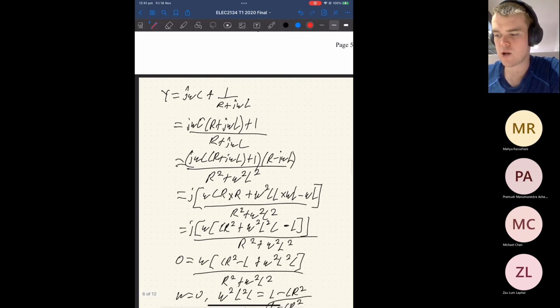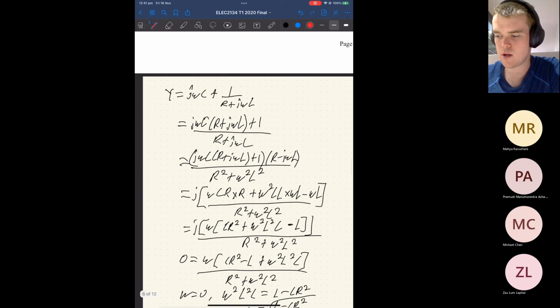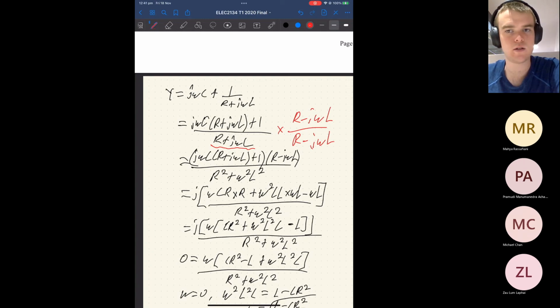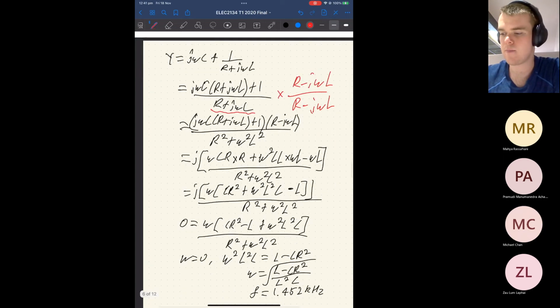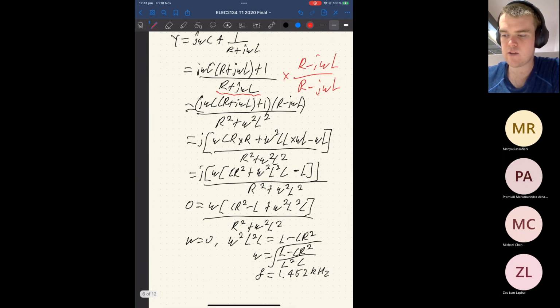Get to this point and you just expand it out. Now remember, we have this imaginary part on the bottom, so we must multiply by R minus j omega L on R minus j omega L. Does that make sense? Yep. Okay, so then I collected anything that had a j because I don't care about the real part.